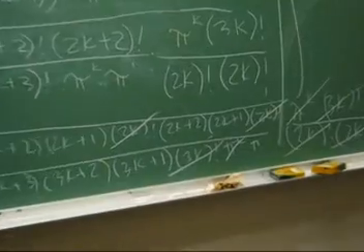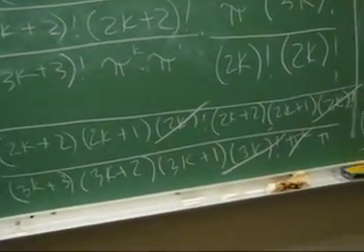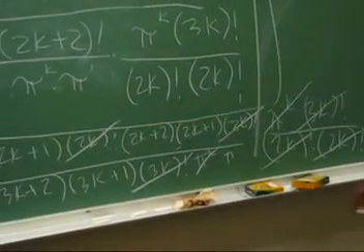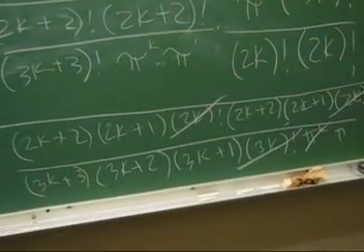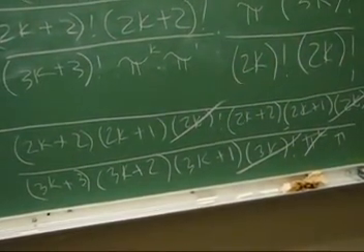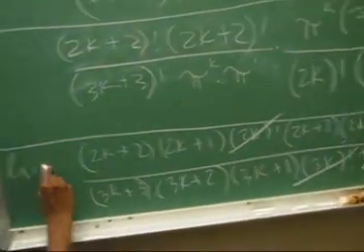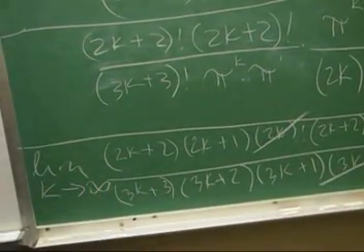Alright, so now as you can tell, we have a factored out equation, and the way the ratio test works is you have to take the limit of this. So write the limit as k approaches infinity.